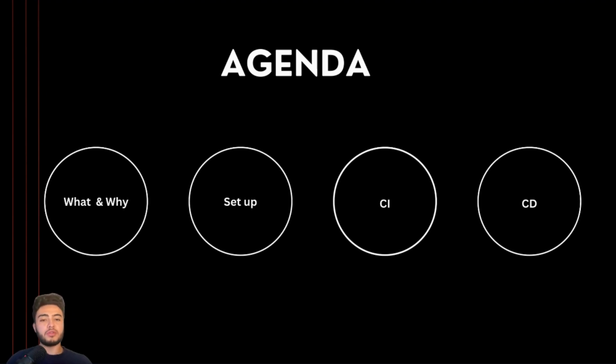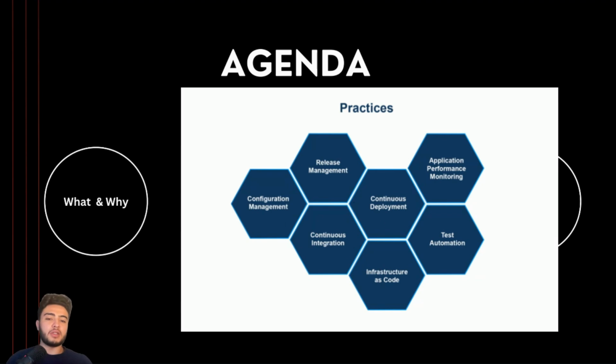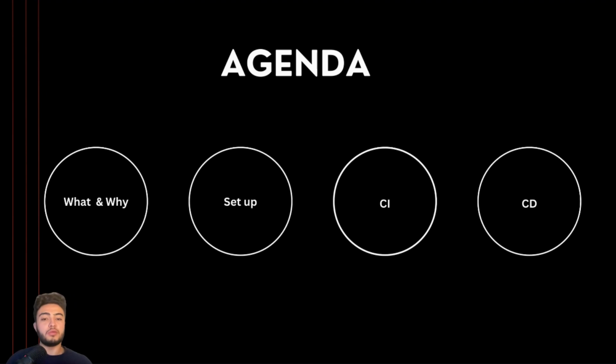And also, we are going to talk about what Jenkins implements, because in DevOps there are multiple practices and one of those practices is continuous integration and continuous delivery. So how does Jenkins accomplish those two practices in the field?